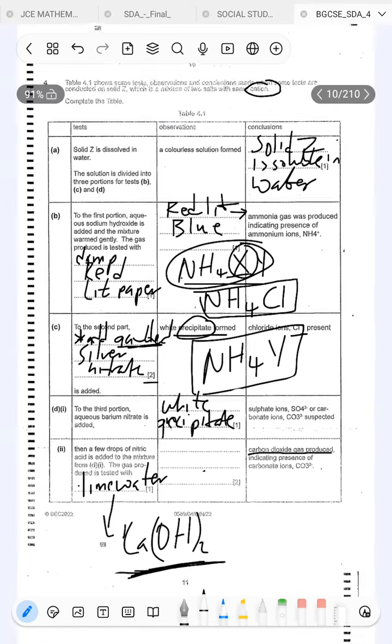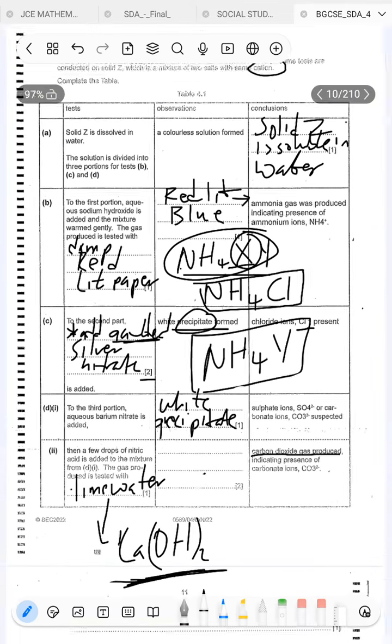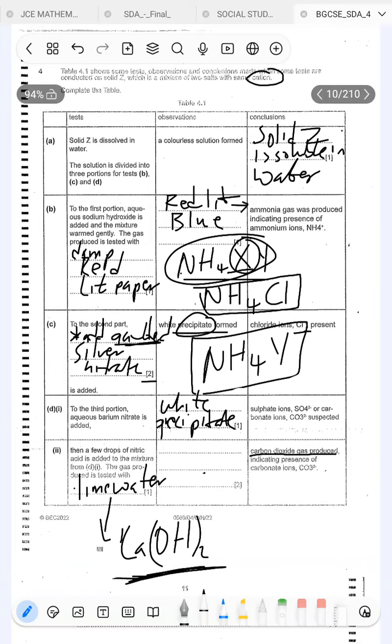All right, now we have to talk about the observations. What observations are we going to draw here? We know that when you bubble carbon dioxide through lime water, it temporarily gives a white precipitate. So we're trying to get the entire 2 marks.